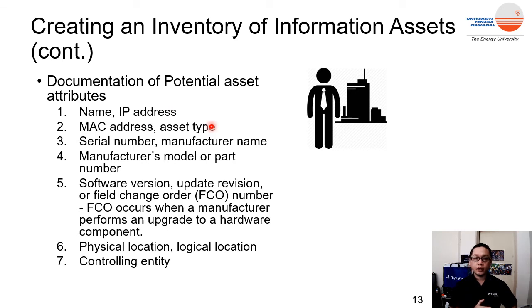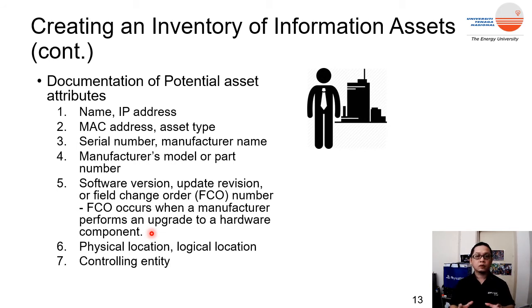Perhaps it's software or hardware. Okay, and then the serial number, the manufacturer name, the model, software version, for example, the physical location, logical location, and also the controlling entity. The controlling entity is perhaps who is responsible for the asset, where it is located, who is actually managing it, how many users are using it.